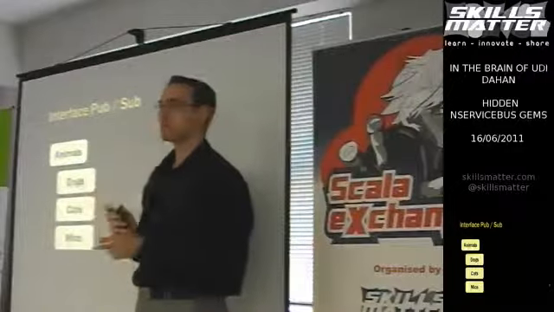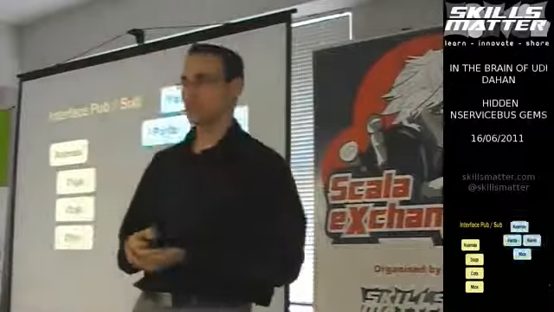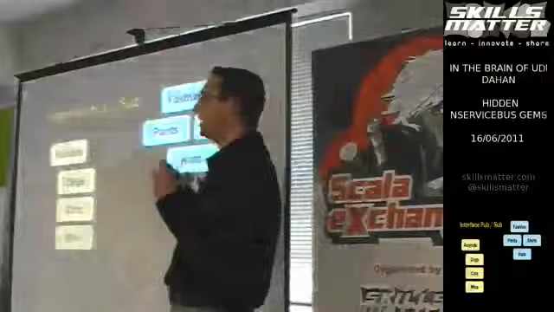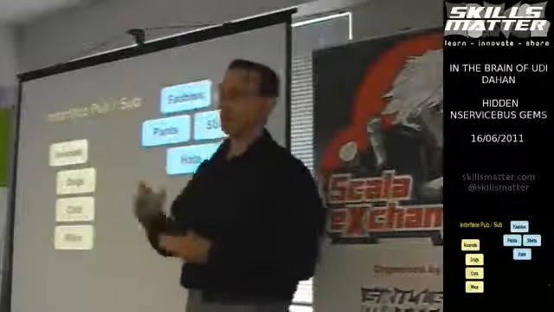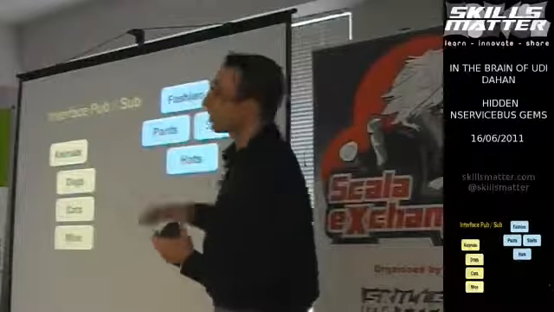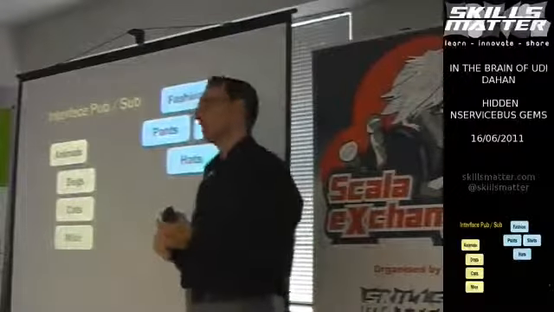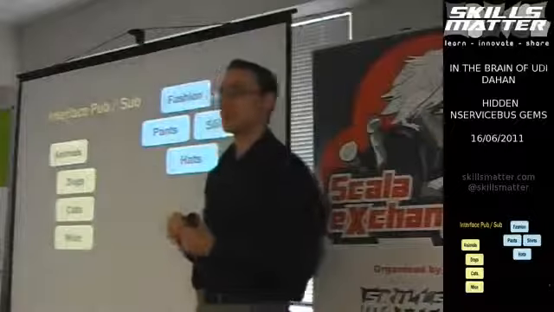Then another business stakeholder says what we do is all about fashion. We've got pants and shirts and hats, and they all inherit from some iFashion interface, which is that event type.